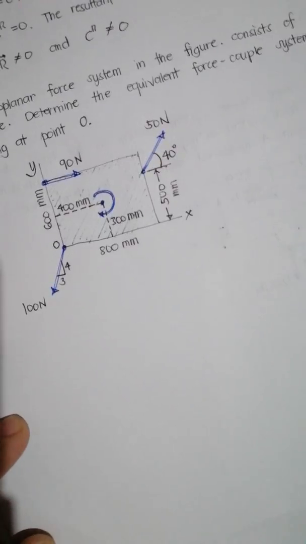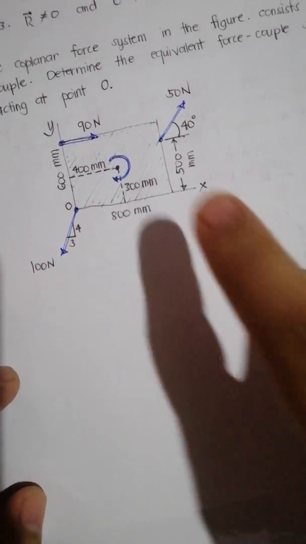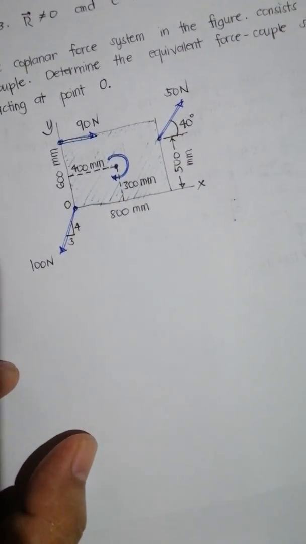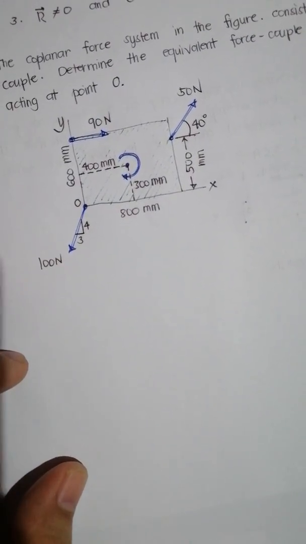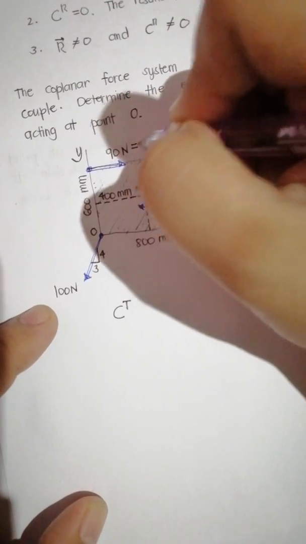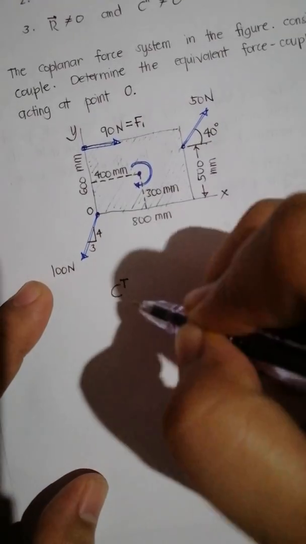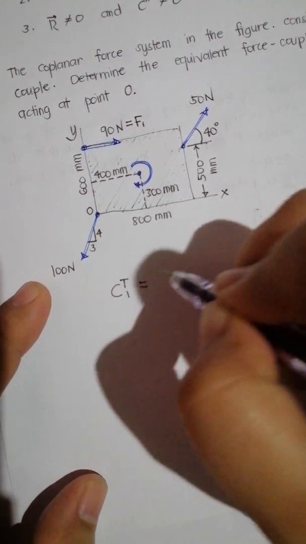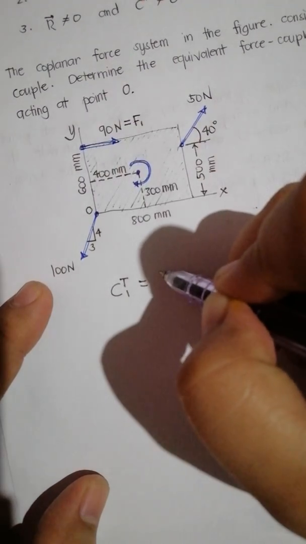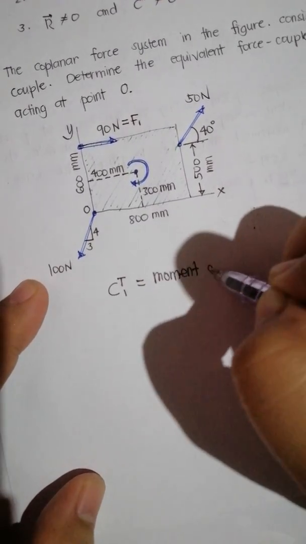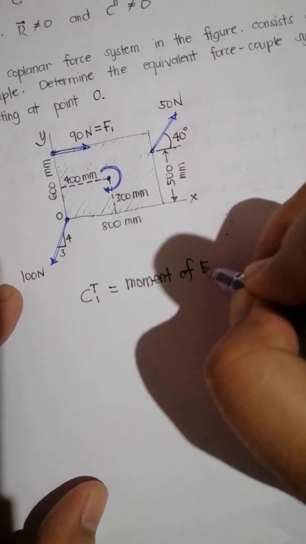Okay. So, because we transfer all of the forces here to the origin, there will be couples of transfer formed. First off, the couple of transfer of the 90 Newton load. Say this is our F1. The couple of transfer formed when we transfer that to the origin is CT1. That would be simply the moment of F1 about the transfer point.